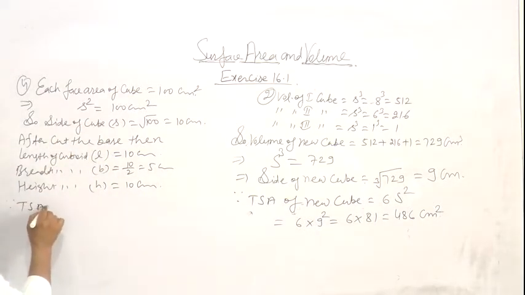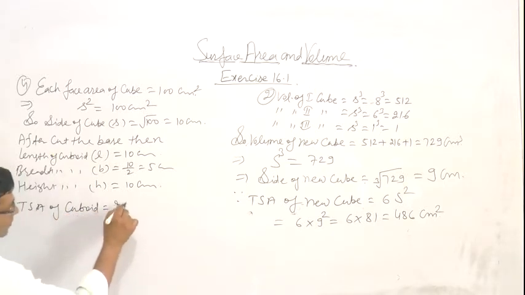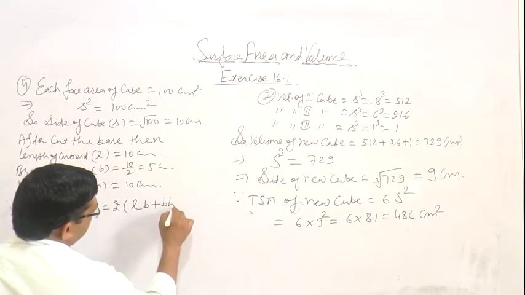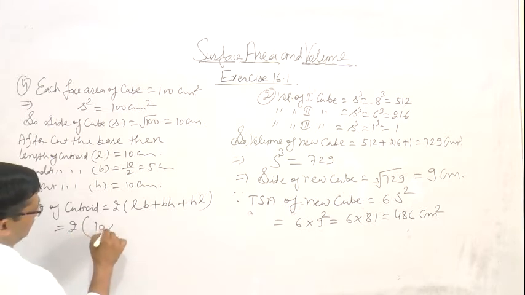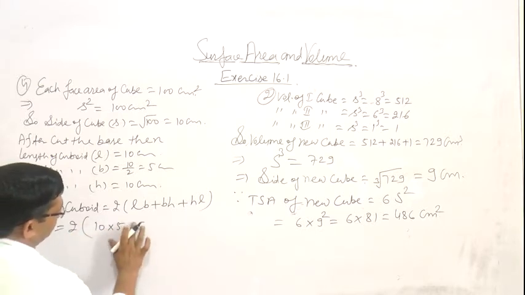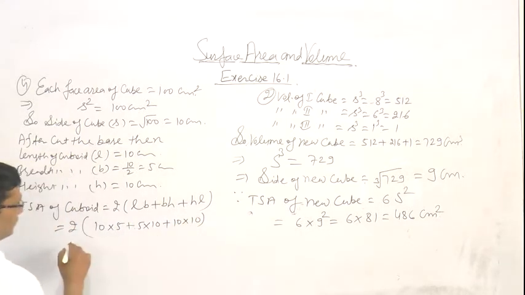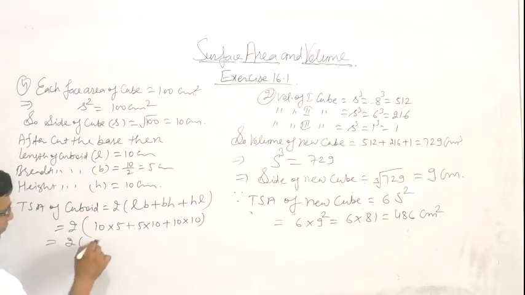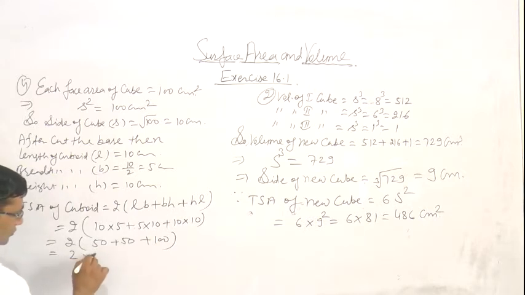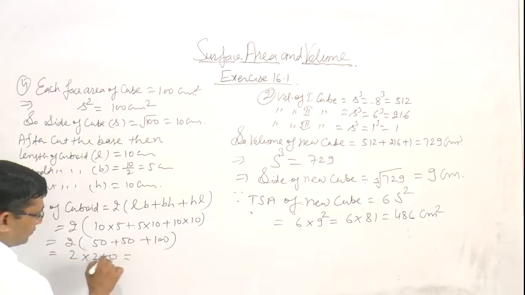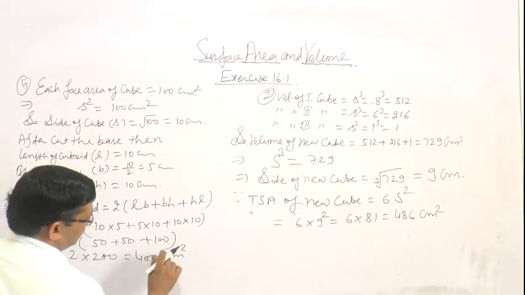Because TSA of cuboid is equal to 2 into LB plus BH plus HL, which is 2 into 10 multiply 5 plus 5 multiply 10 plus 10 multiply 10. That is 2 into 50 plus 50 plus 100, which is 2 into 200, that is 400 centimeter square.